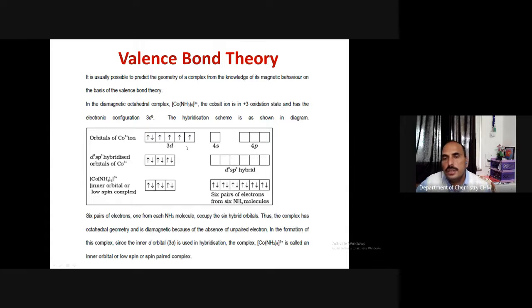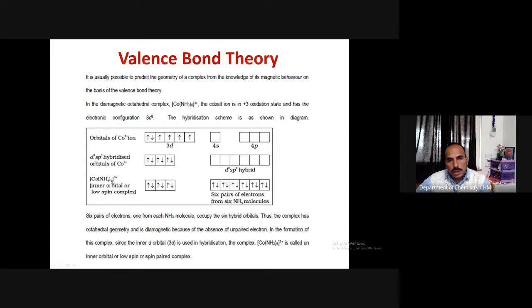So what is suggested is that the geometry is octahedral, and in this case no unpaired electrons, so let us pair them, and only three orbitals are enough to put these six electrons, right? So now the two 3d orbitals, along with 4s and 4p, are available to undergo d2sp3 hybridization, as simple as that, right?